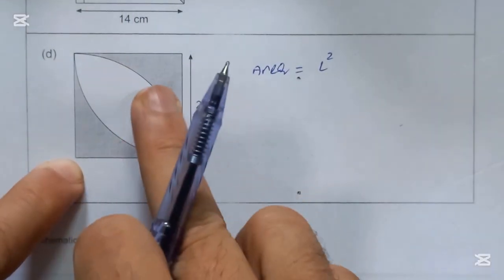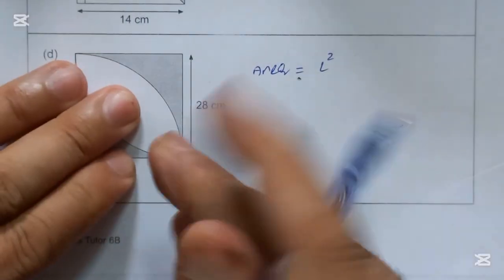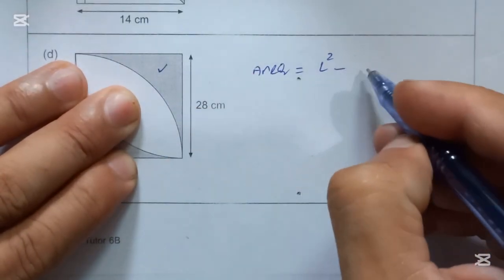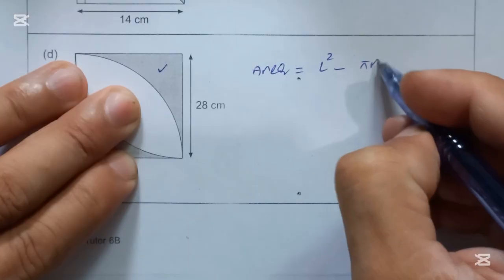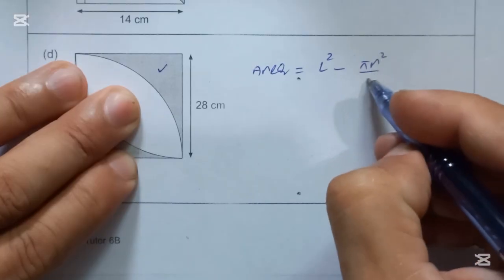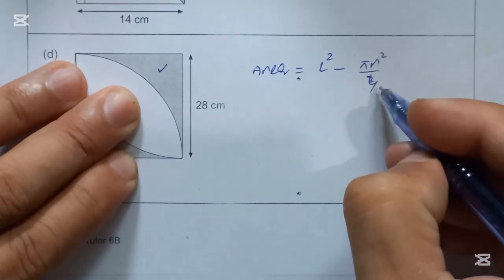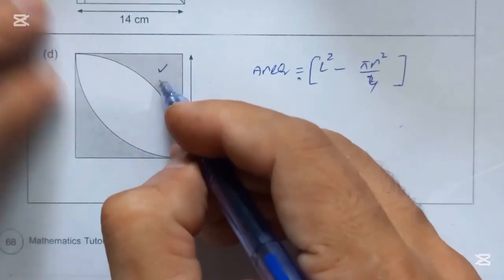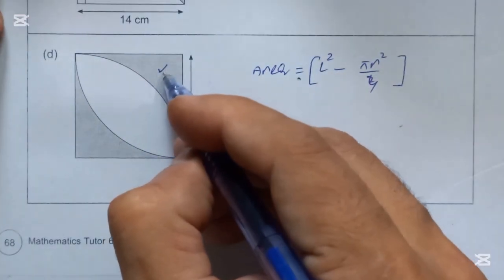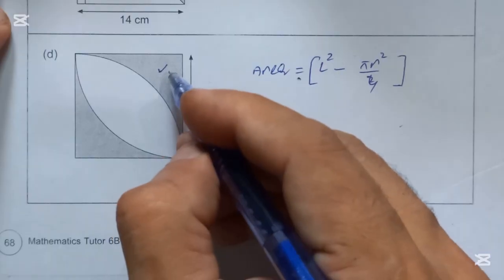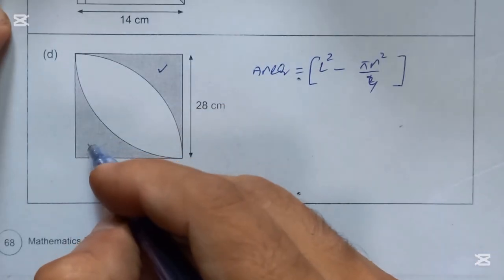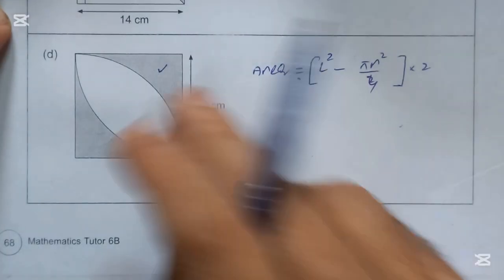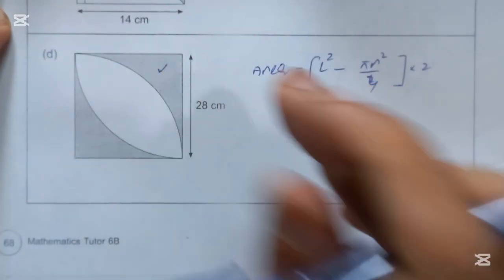This quadrant, when subtracted from the square, you will get the portion, this one. So minus quadrant pi r square divided by 4. So this is the formula for the area of this portion where I have placed a tick, and a similar area is there. So if we multiply this portion by 2, you will get the required portion.